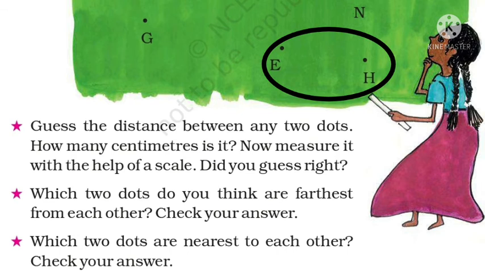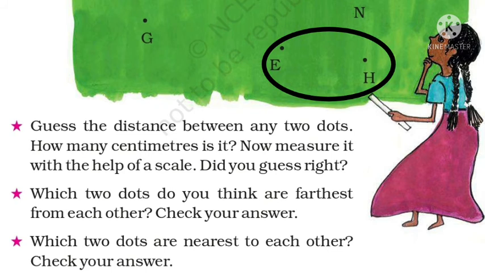So what are you asked to do? Here you have to guess the distance between any two points. At first you should not measure them with the scale, but you have to guess the length between the two dots, and afterwards you can measure it with the help of a scale only to find out whether your guess is right or wrong.